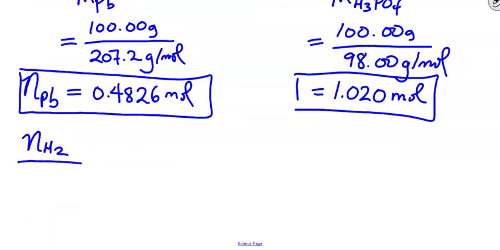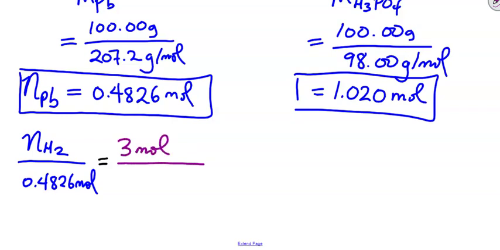Back to the magic square. Three moles of that in the ideal, and 3 moles here as well.